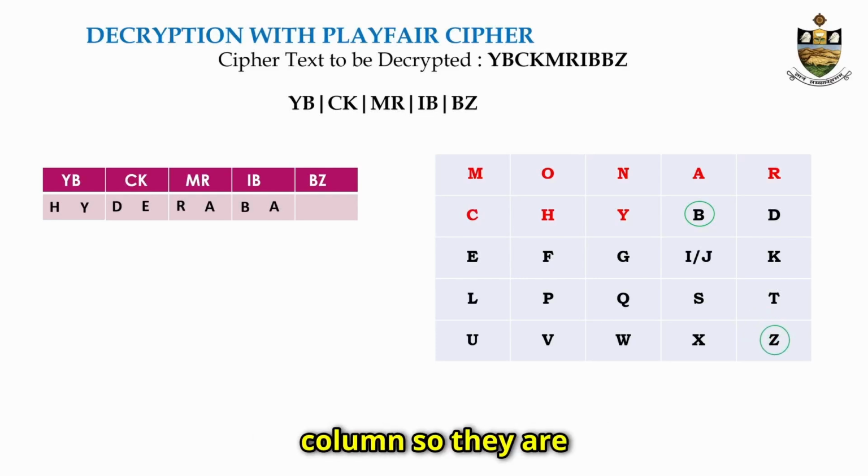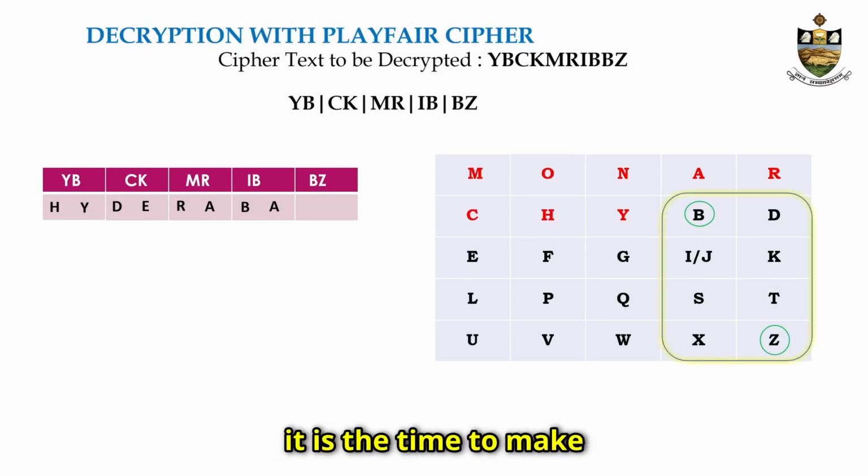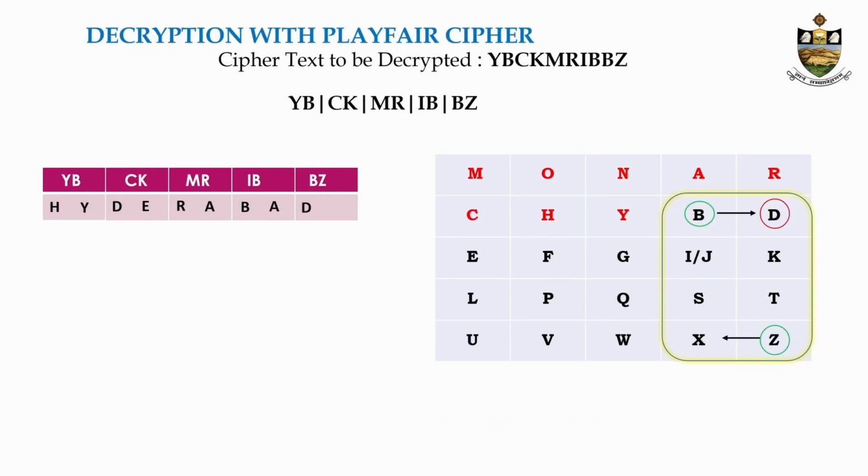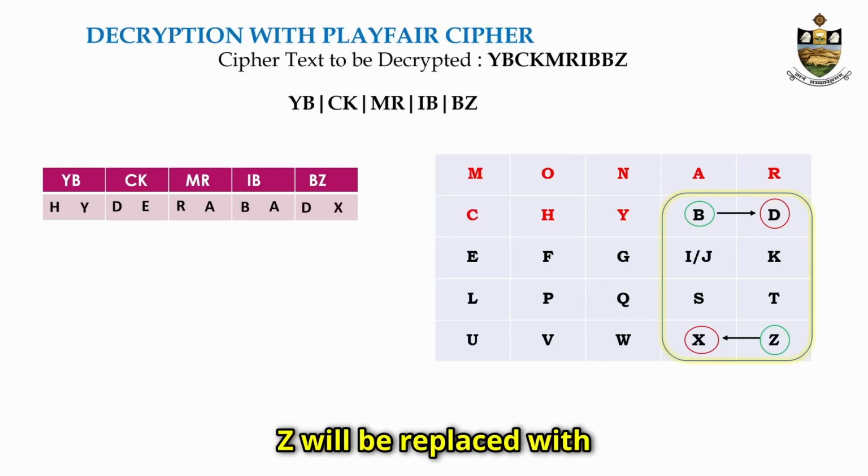They are neither in the same row nor in the same column. It is time to make the rectangle. After making the rectangle, B will be replaced with the opposite corner letter, D, whereas Z is replaced with the opposite corner letter, X. BZ will be replaced with DX.